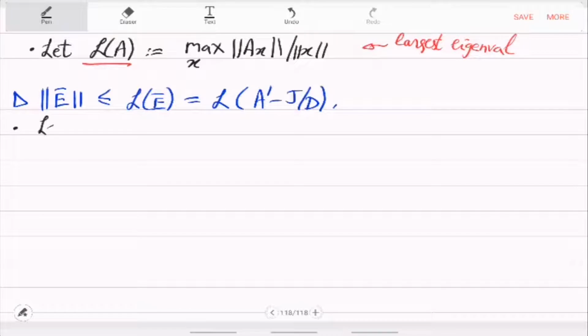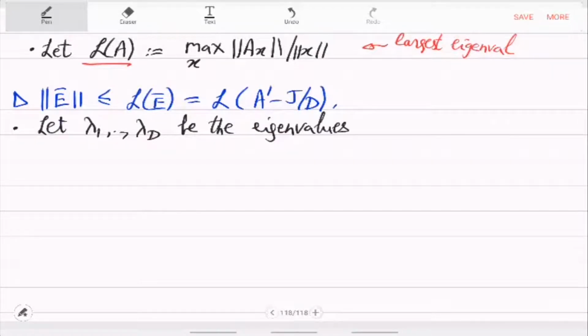So let lambda 1 to lambda D be the eigenvalues of A prime, such that they are ordered.